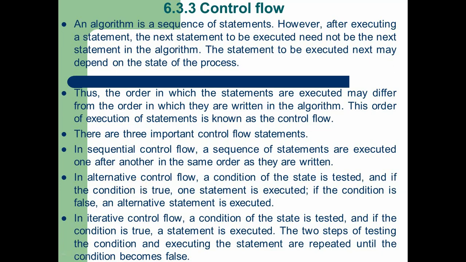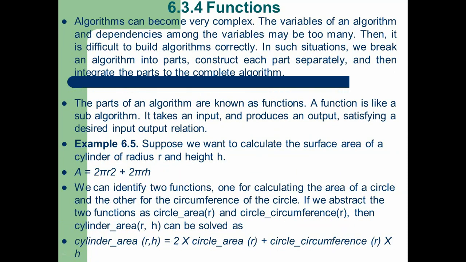Now we are going to see the third block of algorithm, called function. This is a very important concept in algorithms. Algorithms can become very complex, depending on the problem.